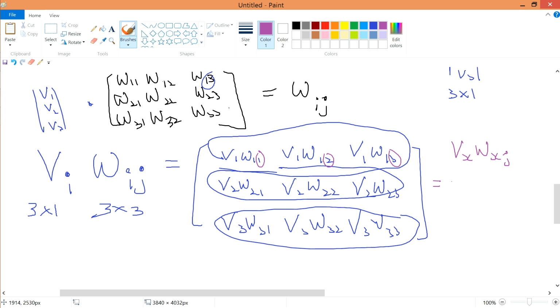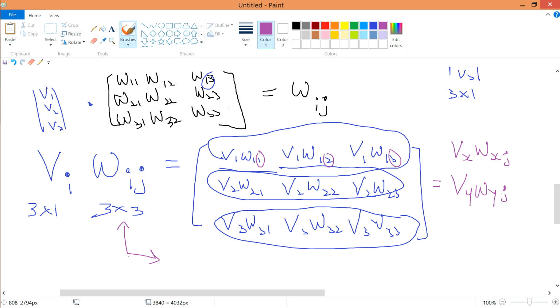It'll be easier. And then if it's vy, wy, j. Since this one is always the same, it's in terms of the y-axis, right? It's in terms of the y-axis.